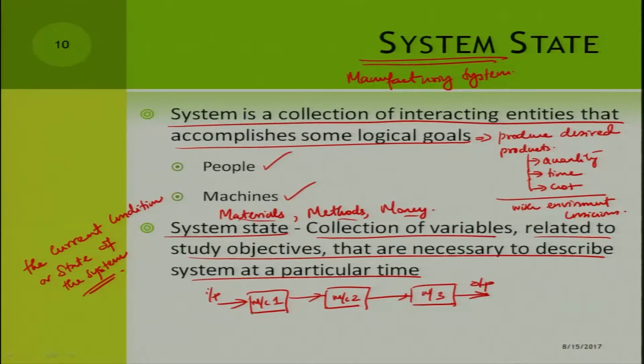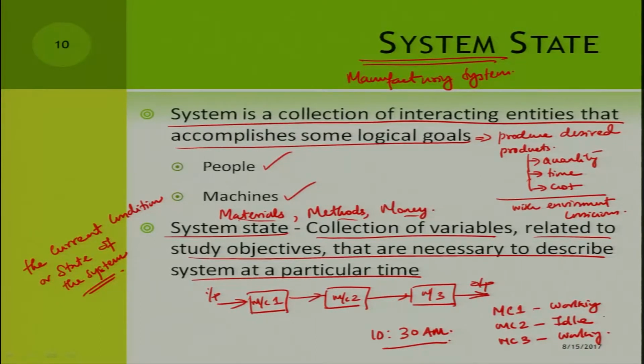At 10:30 a.m., if somebody asks what is the state of the system, and I say machine 1 working, machine 2 idle, machine 3 working, then machine 1 is doing some job, machine 3 is doing some job, and machine 2 is idle, or not doing anything.